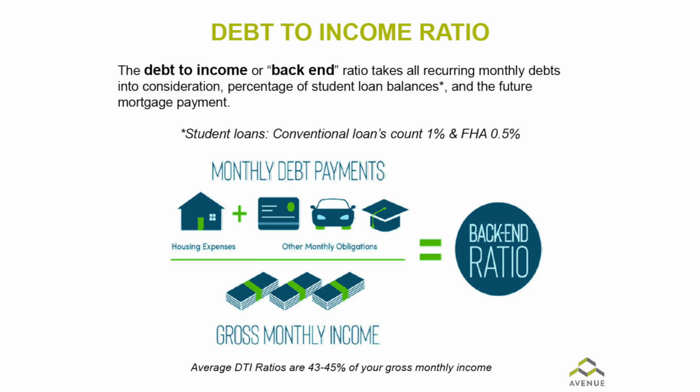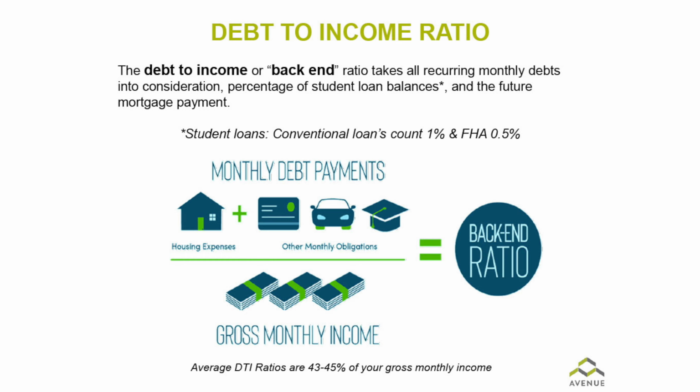Next screen. If you go to your debt to income, or the back end ratio, that's where we take your house expense that we just talked about, and then we add all your other monthly obligations that you owe on a monthly basis: your credit cards, your car, your student loans, anything else that would appear on your credit report.